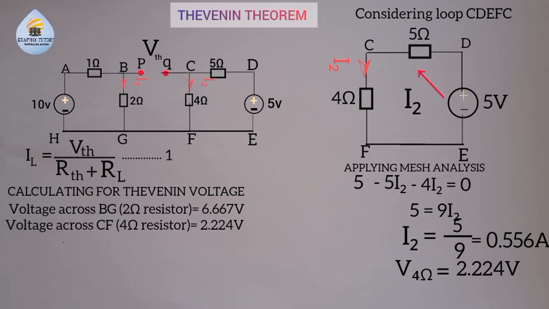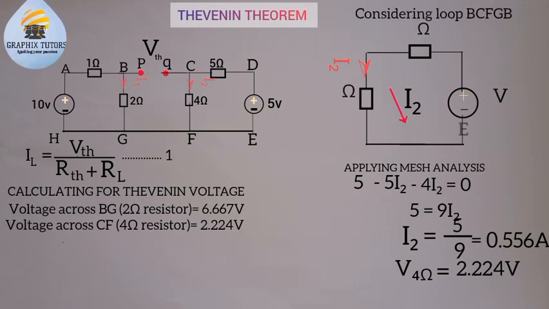Is that okay now? Now we can calculate the Thevenin voltage. So we're going to consider the mesh or the loop BCFG.